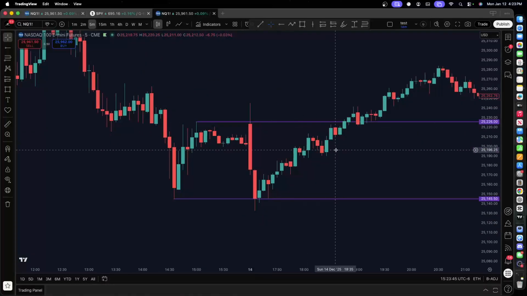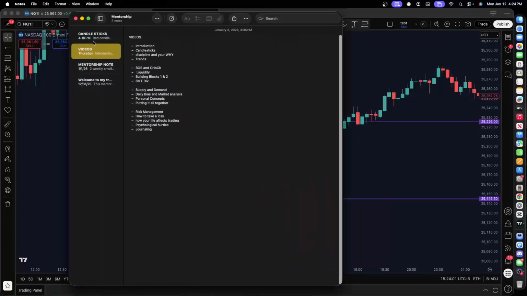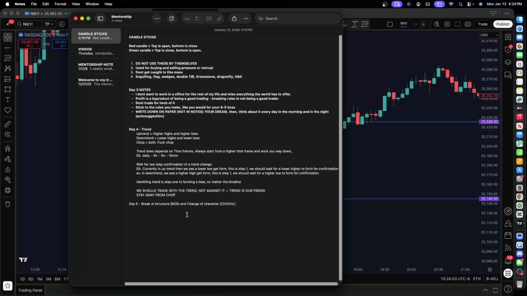So right here, this is where we can get into a change of character. Now, all change of characters are break of structures. Not all break of structures are change of characters. So let me pull it out so you guys can see what that looks like written out. All CHOCHs are BOS's.